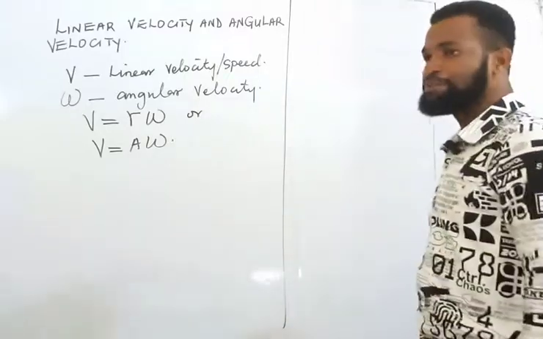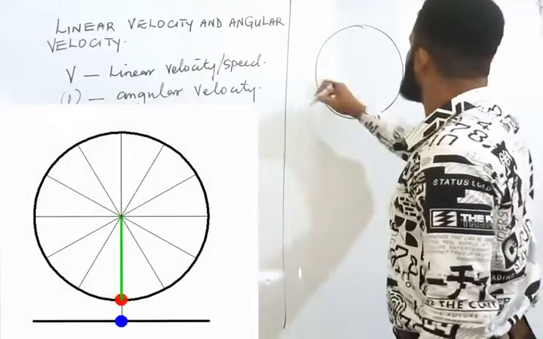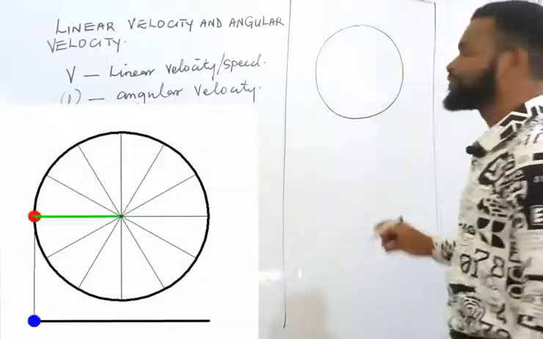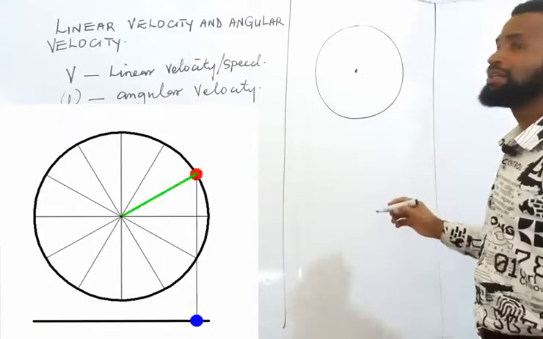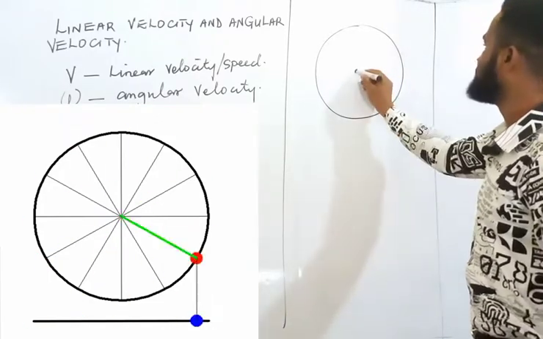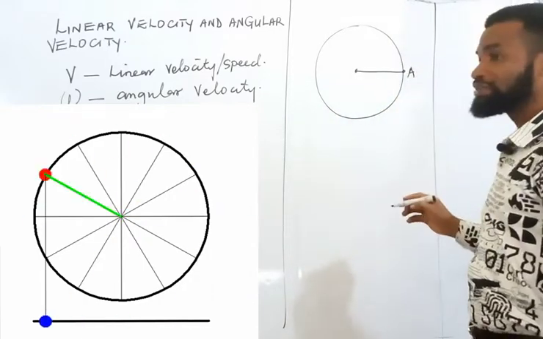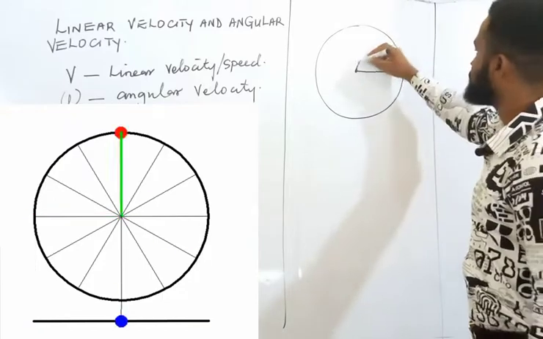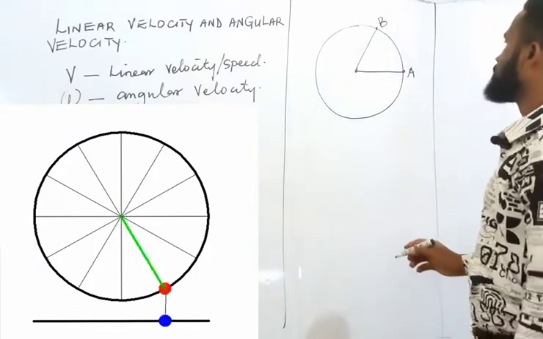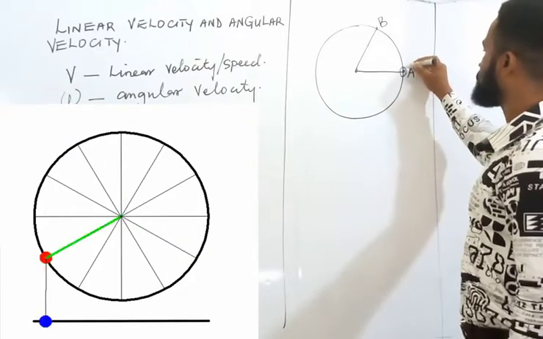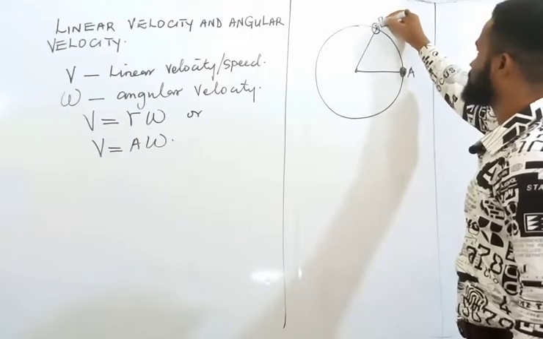In this part, I want to start by considering a body in a circular motion. This body in a circular motion has a center, and the body started from a point A and moves to another point, say point B. Now, as this body is moving, I'm going to make it look like a body of mass.